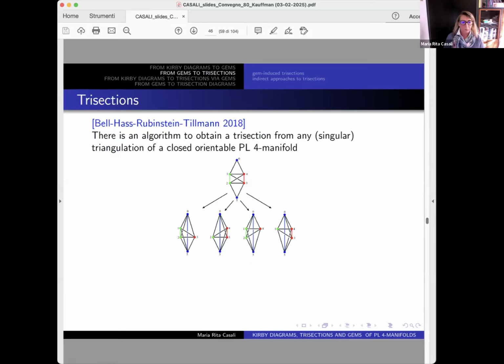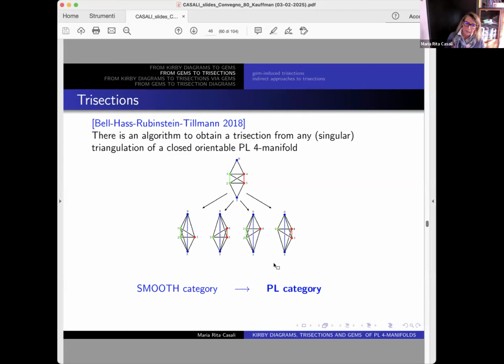In particular, in 2018, relying on the difference and on the coincidence between different PL categories in dimension 4, Bell, Haas, Rubinstein, and Tillman faced the study of trisections via colored triangulations, thus turning trisection from the smooth to the PL category.